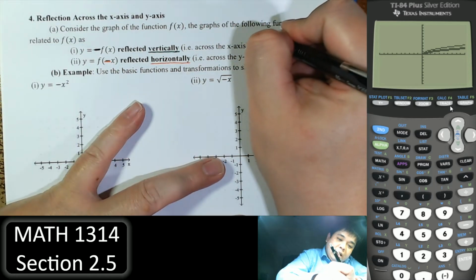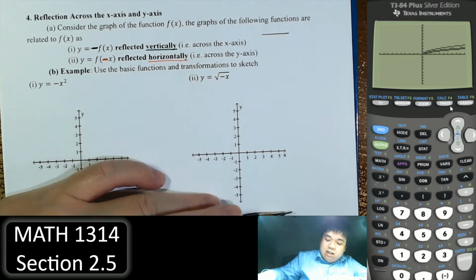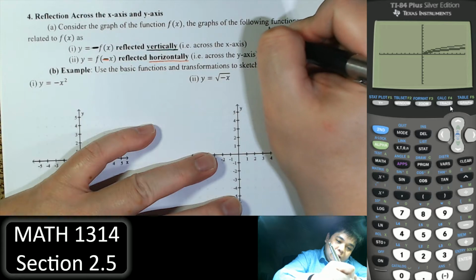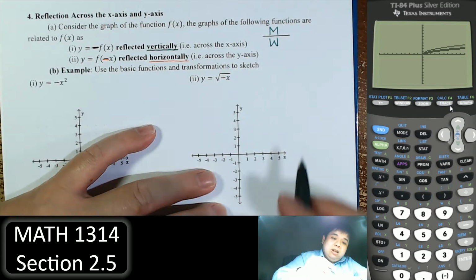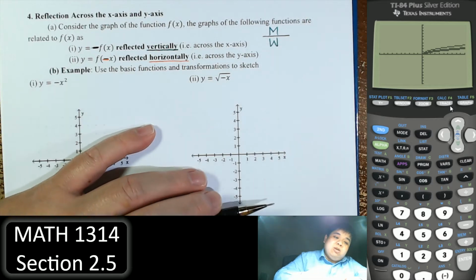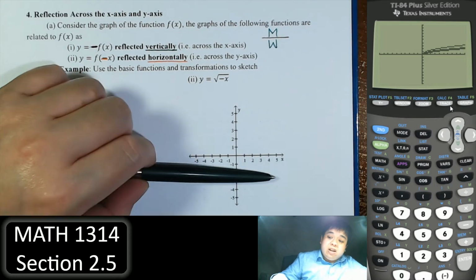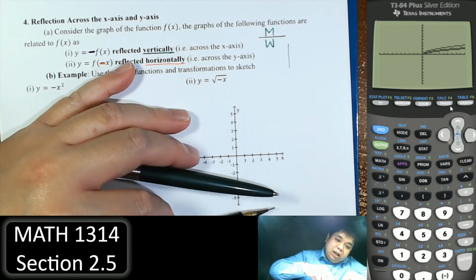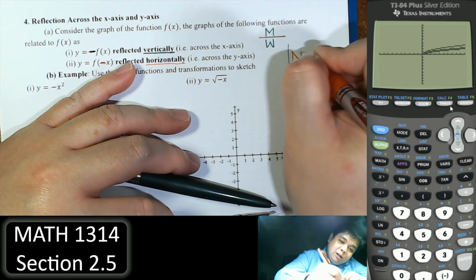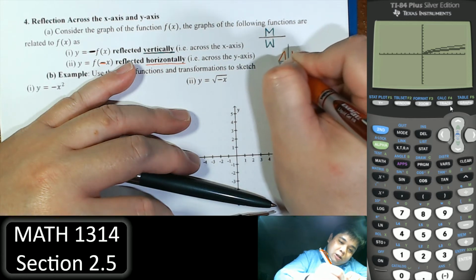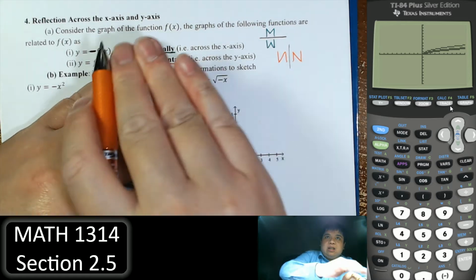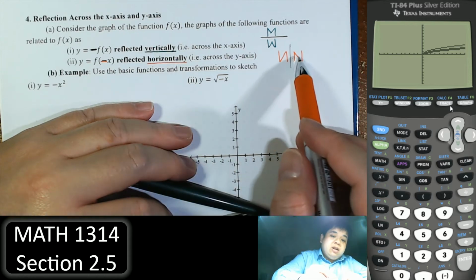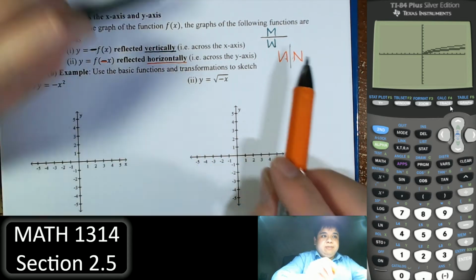If it reflects across the x-axis, think about the reflection like this. That is across the x-axis, or vertically reflected. And reflect across the y-axis. So that reflects horizontally.